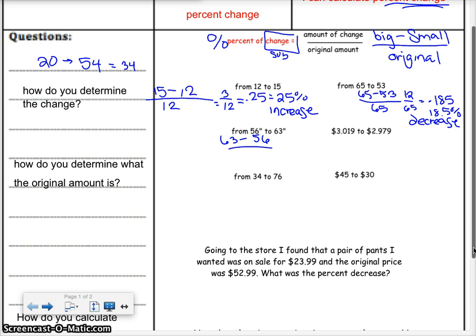Which one was my original? 56. Yeah, it was 56. 63 minus 56, 7 over 56. Top divided by bottom, 0.125, which is 12.5%. And I got taller, so it's an increase. I wish I would go through that increase.